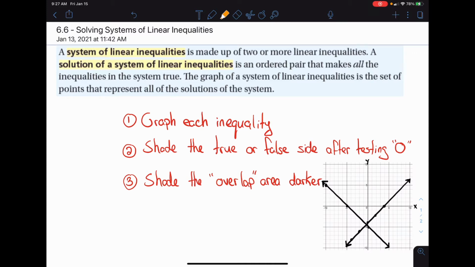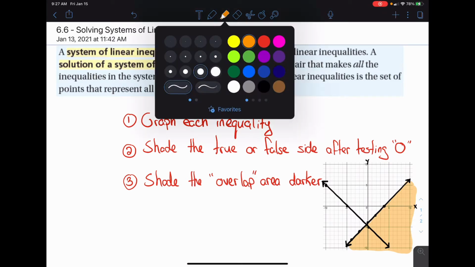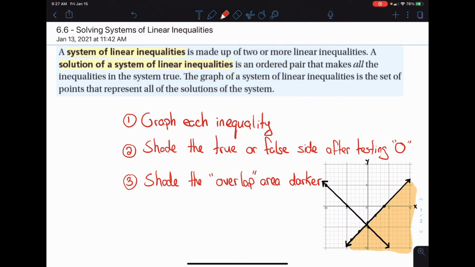And what I mean by overlap is this. So I'm going to do a kind of fake one here. Let's say I found out that this side of the line was where my solution lies, and that on my second line over here, this side of the line is where I found my solution, and I shade that side of my other line.